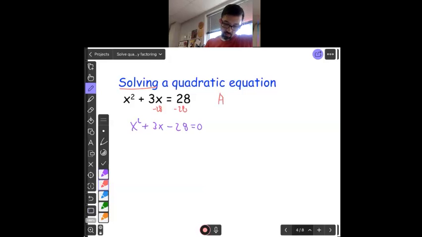Okay. So if one side is not 0, you need to get it to be 0 before you can do anything else. Okay? So first step.